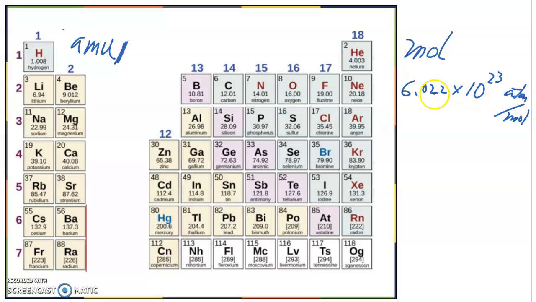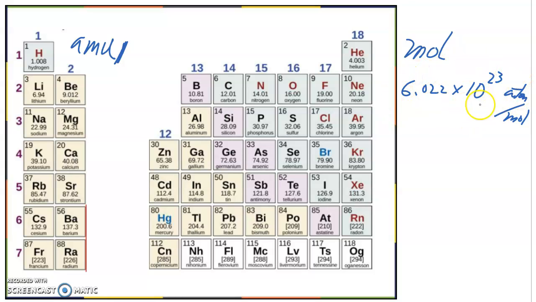So instead of telling you how many atoms or molecules, from now on, very likely you'll hear about how many moles of atoms or molecules, because that will match with the unit of grams. That's what we can measure in the laboratory. So this number is very big, but don't worry about it.